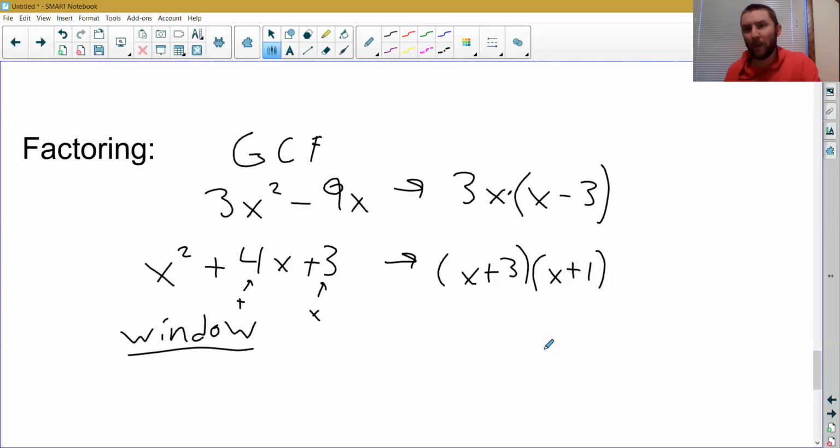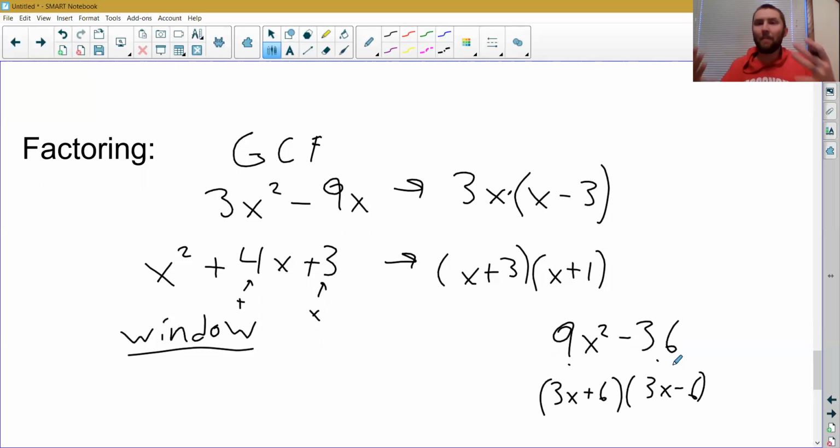We did talk about some special cases where you had something like 9x squared minus 36, if the first and the last piece were both something squared, and there was a minus sign in between. You could do 3x plus 6 and 3x minus 6. Right? We could do that type of thing. We also talked about perfect square trinomials when the two factors were the same thing, and a way to do that.